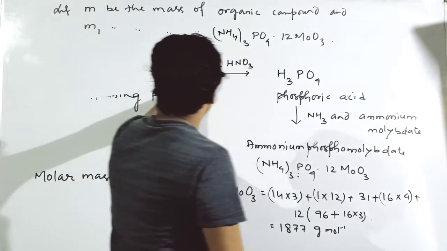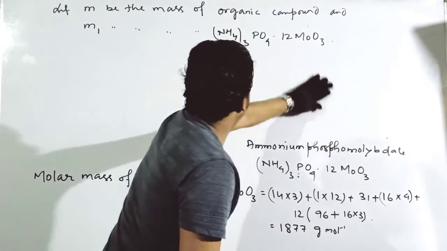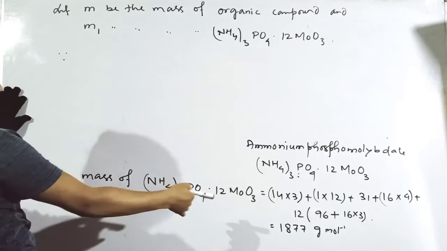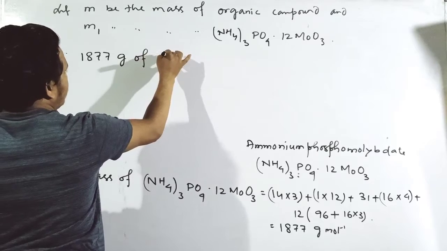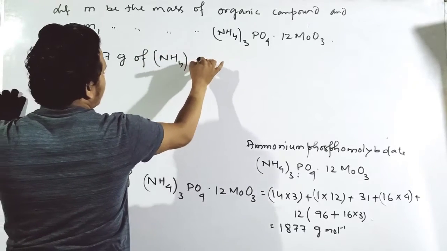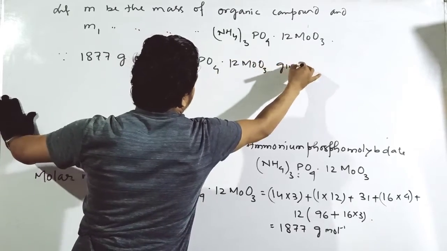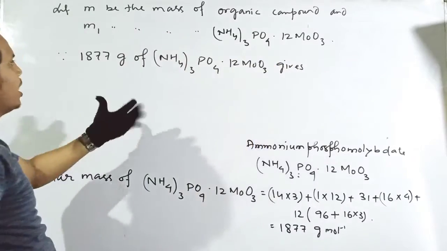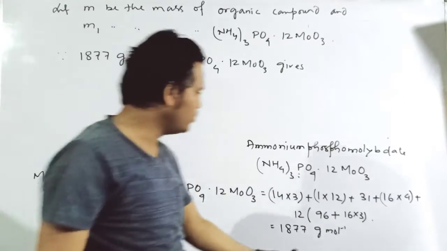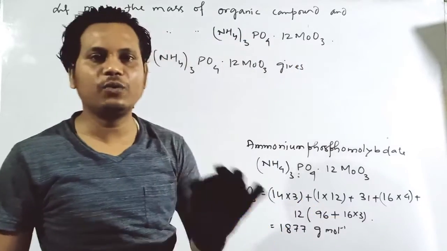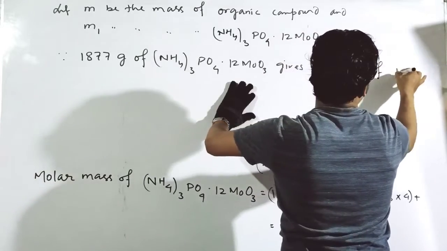How? Let us see. Since 1877 gram of ammonium phosphomolybdate gives how many grams of phosphorus? Phosphorus is present only one time, so the mass is 31. So 1877 gram gives 31 gram of phosphorus.